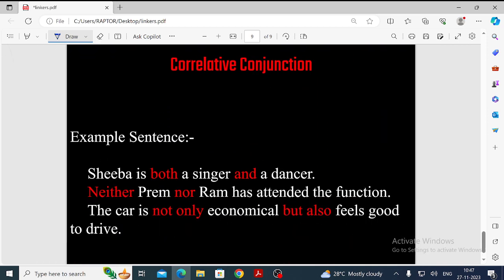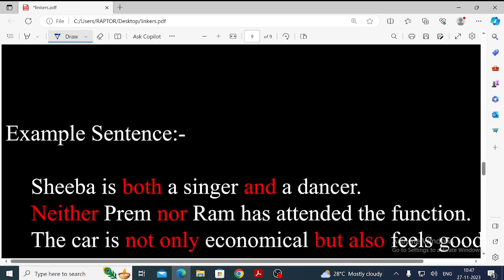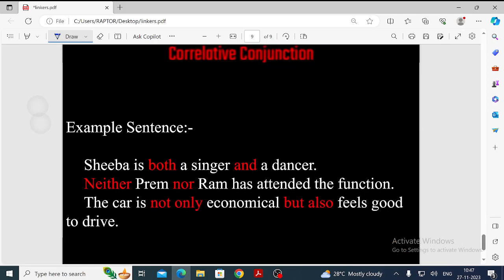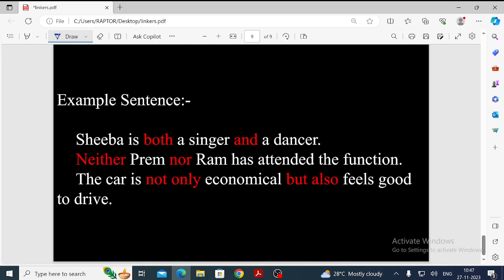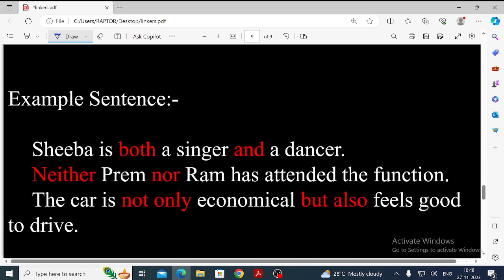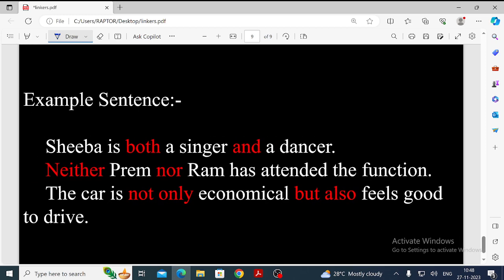And the last word, correlative conjunction. Is the word visible? Last row. Then write the examples. Shiba is both a singer, and already we have written the answers, I think. Neither Prem nor Ram has attended the function.